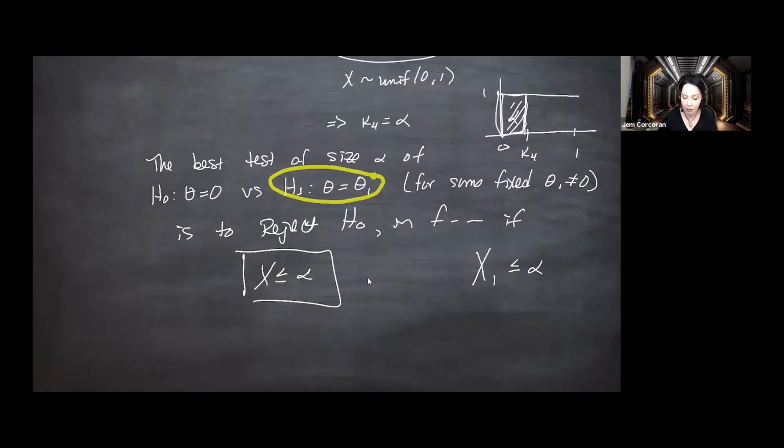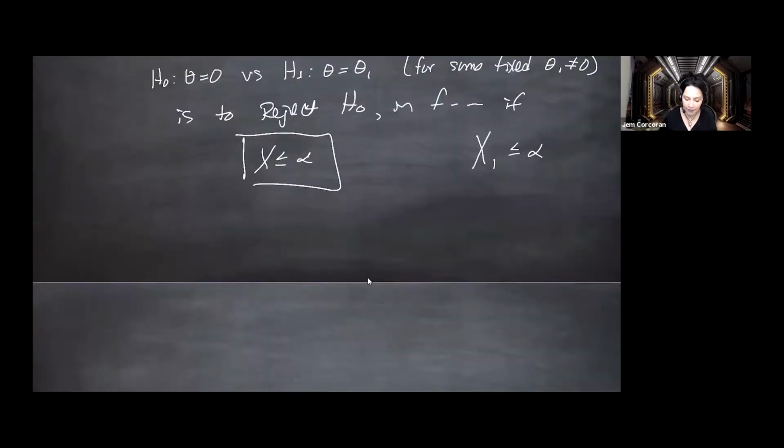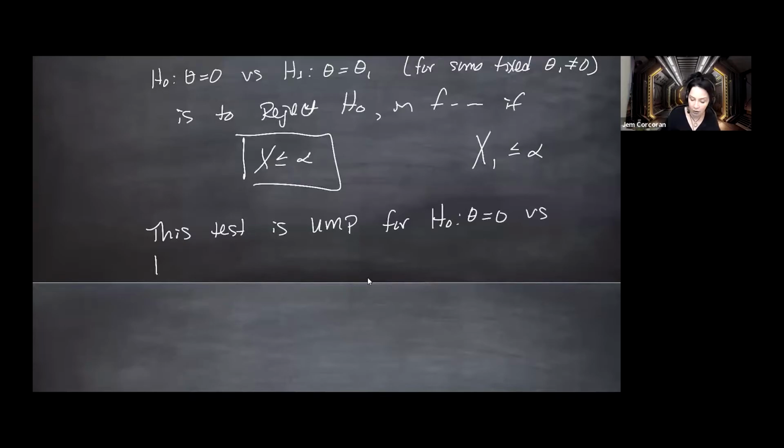But if we want to find the test that is uniformly most powerful for theta equal zero versus not equal zero, we just conclude that from here. We say this test is UMP for the null hypothesis that theta is zero versus the alternate hypothesis that theta is not zero, because it does not depend on the particular theta 1 we chose.